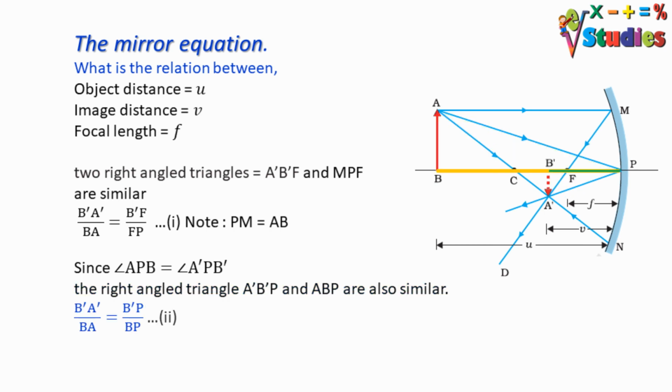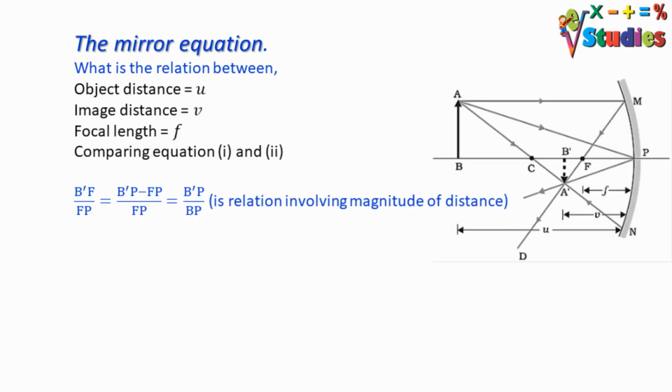As a result, the ratio of B dash A dash to BA is equal to the ratio of B dash P to BP. We'll give this equation number 2. Now when you compare equation 1 and equation 2, we get B dash F upon FP is equal to B dash P minus FP divided by FP is equal to B dash P upon BP.